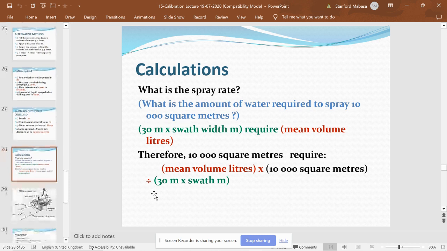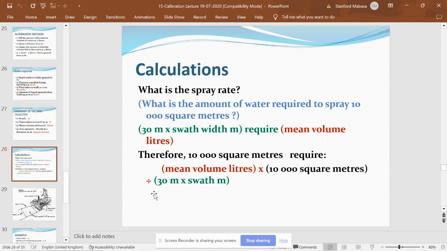Now, we need some calculations to determine the spray rate. So, what is the spray rate? Or what is the amount of water required to spray 10,000 square meters or 1 hectare? By simple proportion, 30 meters times swath width square meters requires the mean volume in liters, the one which you have determined.